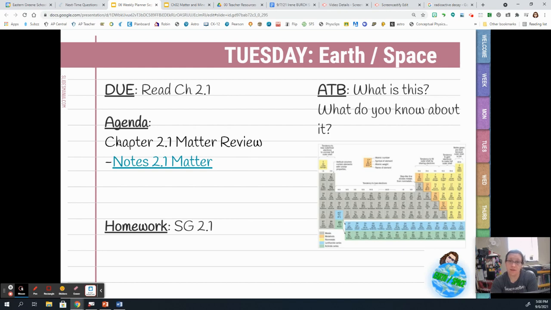If there's any time left in your class period, you can work on the study guide 2.1. If you did not read the section 2.1, please read it. This was a brief version of chemistry.